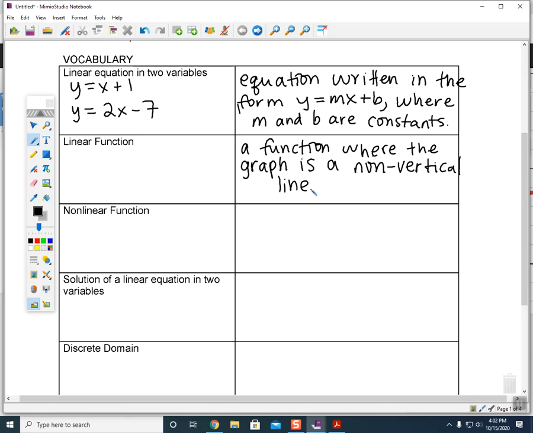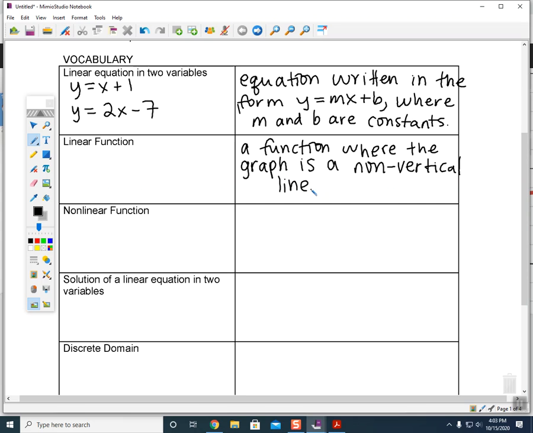The reason why I have to add in that it is a non-vertical line, if you remember on our 3.1 note sheet, we talked about the vertical line test, and we used the vertical line test on a vertical line, and we discovered that a vertical line is not a function, right? Because it failed the vertical line test. It passed through all of the points on our graph. And so since a vertical line is not a function, it's not included as a linear function.